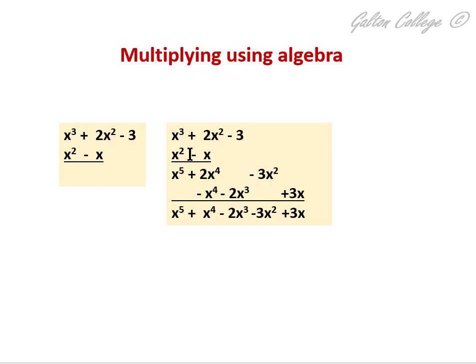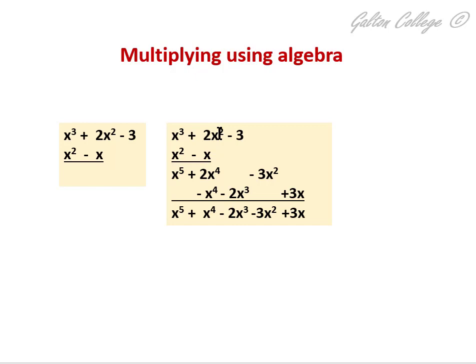Now multiply by the minus x in here. So x cubed times minus x is minus x to the power of 4. There. Next, minus x times plus 2x squared.